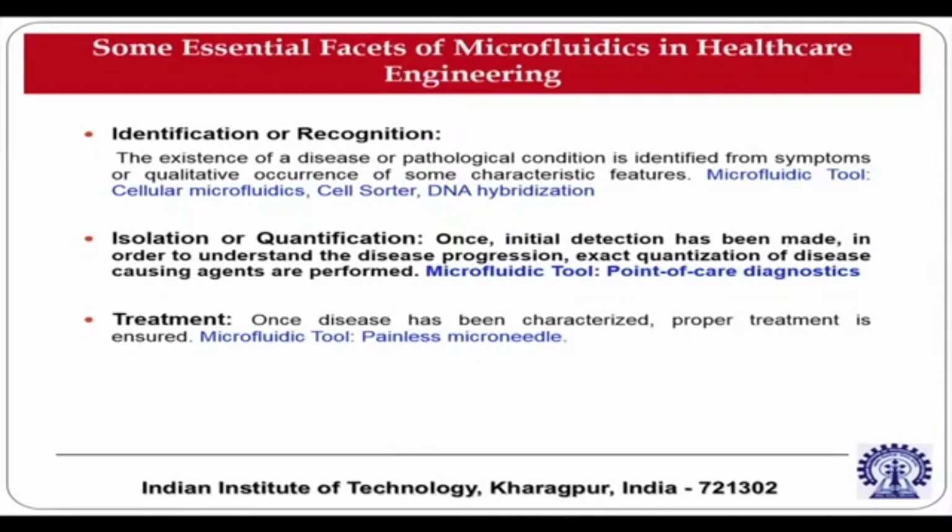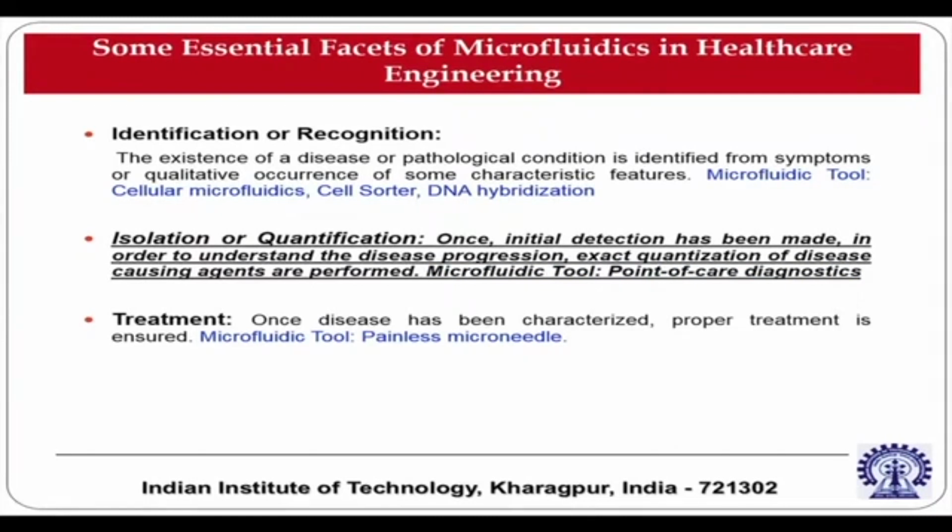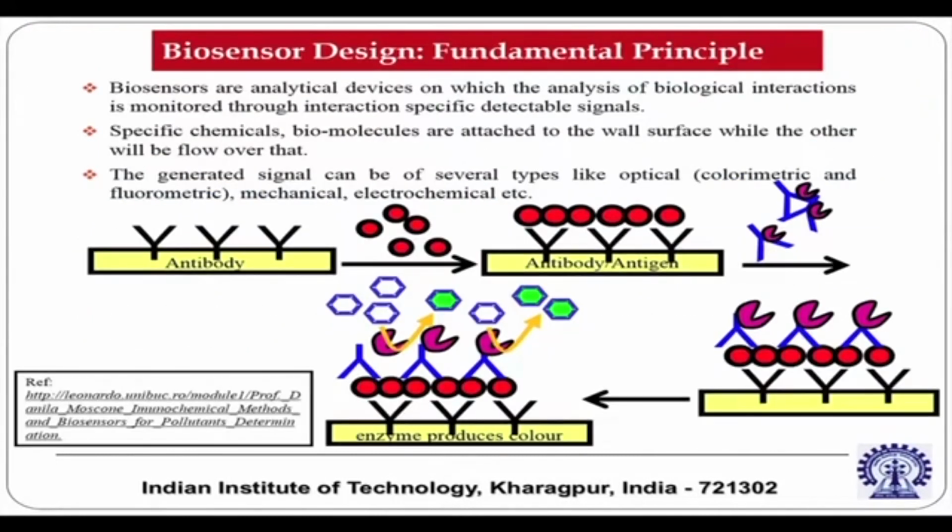But first we will discuss disease detection, like either identification or isolation or quantification. Identification of a disease will just give a yes or no answer: the person is suffering from a disease, yes or no. Isolation or quantification means to what extent the disease has progressed, that is, a quantitative estimation of the test.